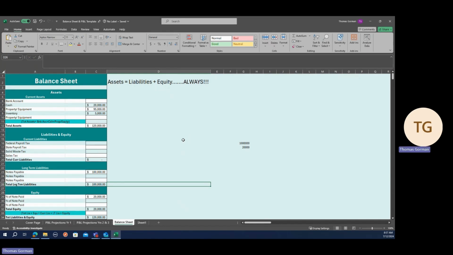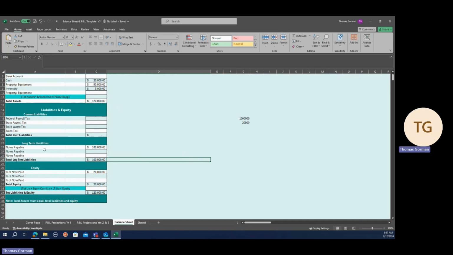And so we can see our balance sheet now balances out. We have a long-term liability of $100,000. That's the money you would have borrowed from Climb Fund. You brought in $20,000 of your own money. So we'll label this as owner's equity.